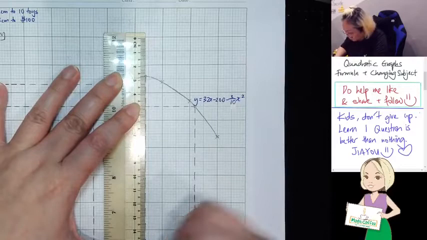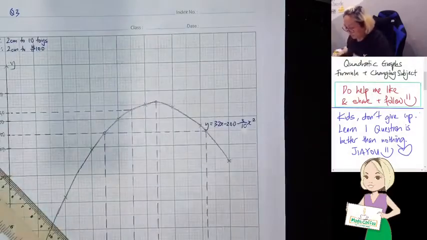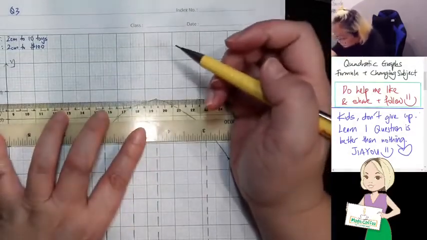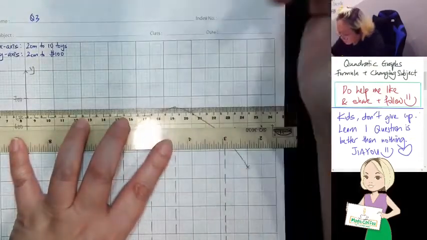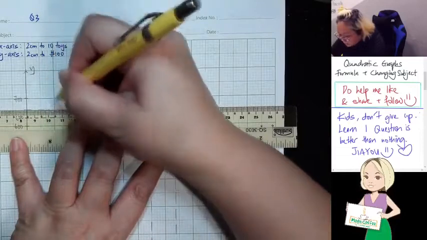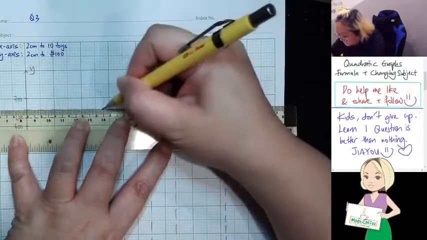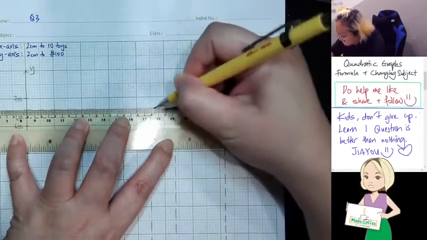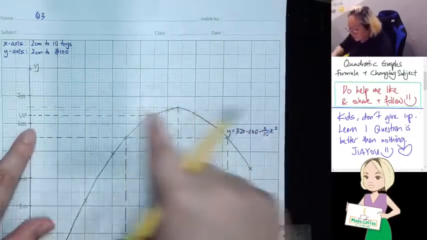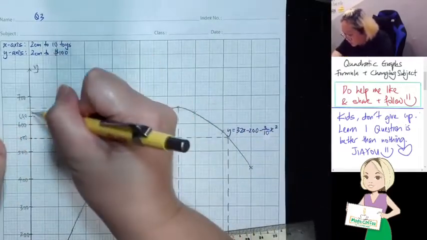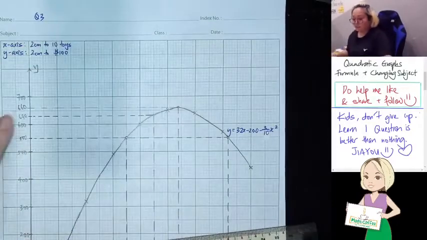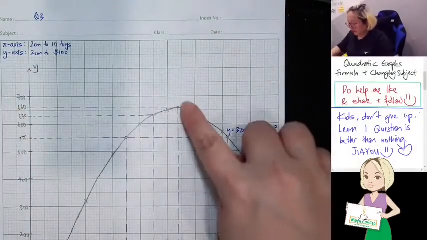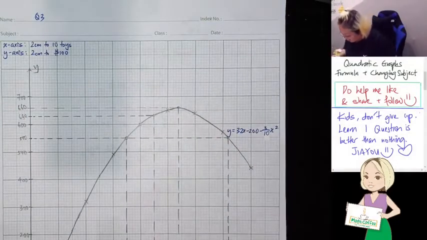Sorry, I'm too busy drawing graph. No time to see question if you ask question. Okay. So my maximum profit is, this is 650, 660. So my maximum profit is 660 and it happens at 54 toys.